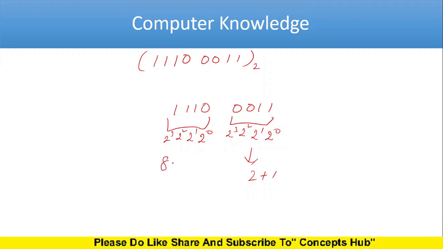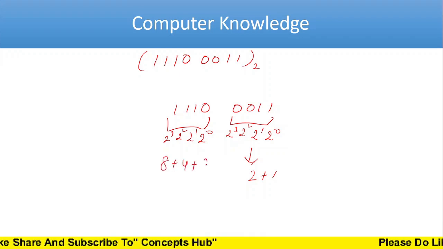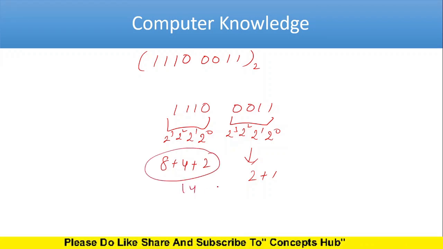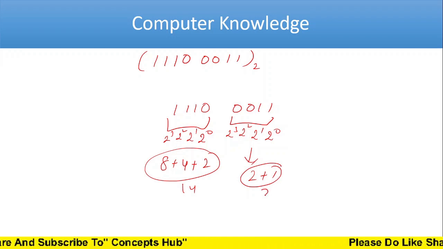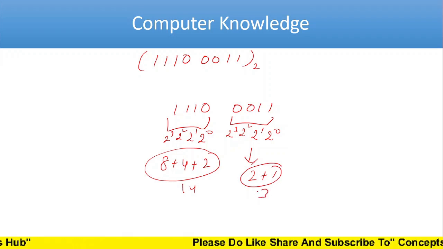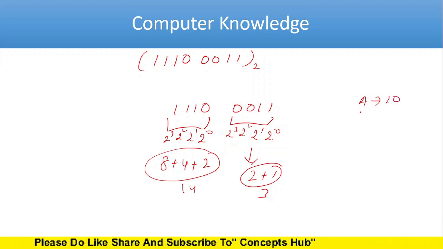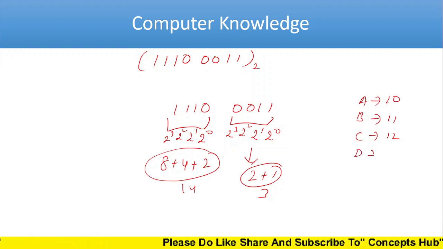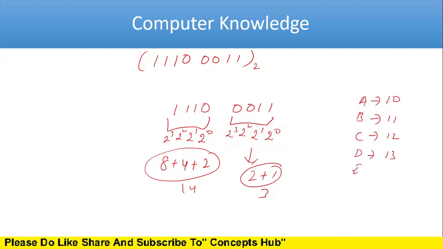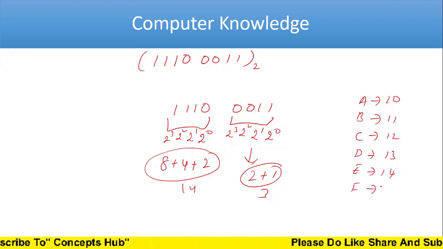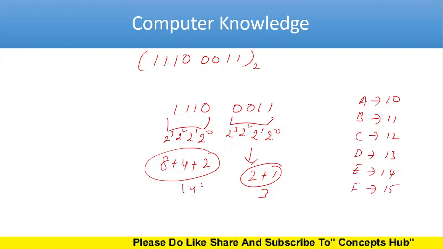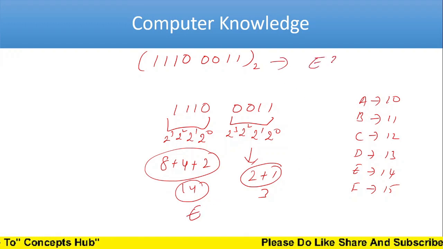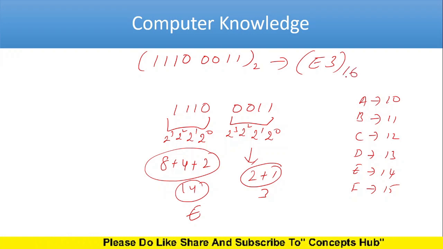Here it is 8 plus 4 plus 2, which is 14. Recall A is 10, B 11, C 12, D 13, E 14, F 15. So 14 is E. So the answer would be E3 base 16.